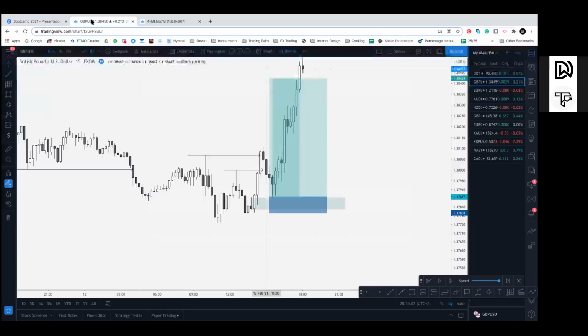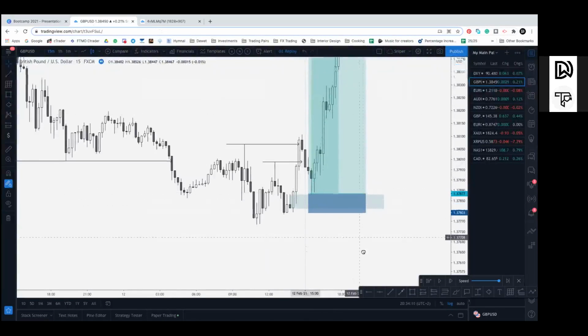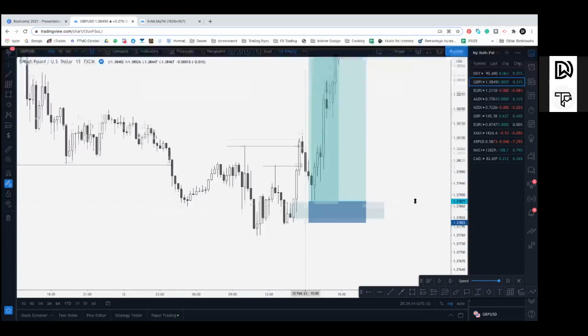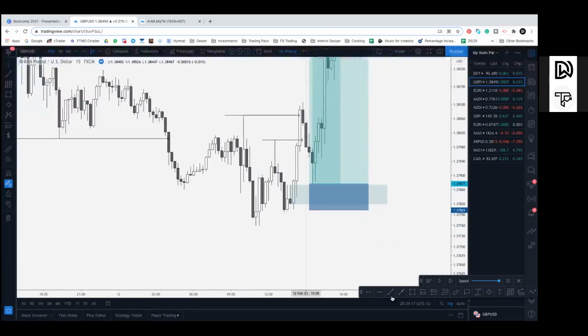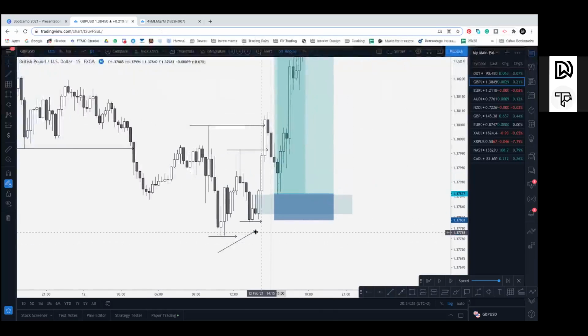Why is that an aggressive entry? Because it's just the first tap into that order block, because you did not know the price is going to reverse from this area. If you paid attention and looked for these finer details, we could see that we created a low, we created a high low, so we had a shift in direction, shift in market structure, and then we had this order block, price broke all the structure. We had empty space as well.